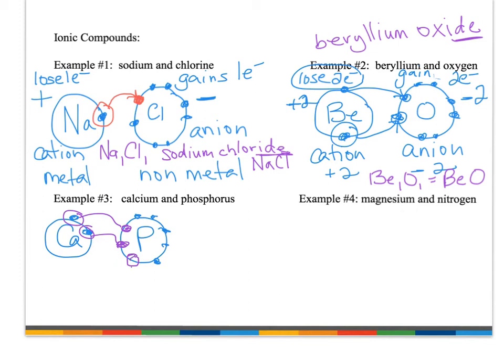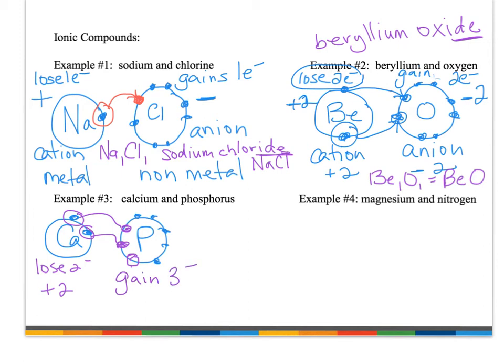So first of all, calcium loses electrons, so it's losing 2 electrons. That means it's going to have a charge of +2 because it becomes more positive. Phosphorus, on the other hand, wants to gain 3 electrons in order to have a full valence shell.